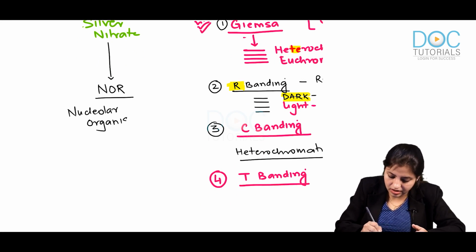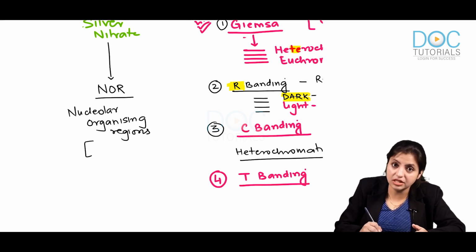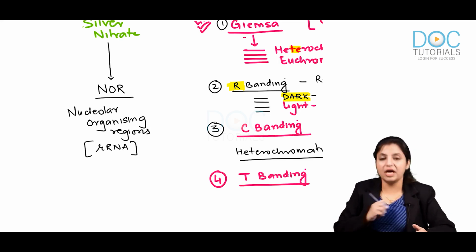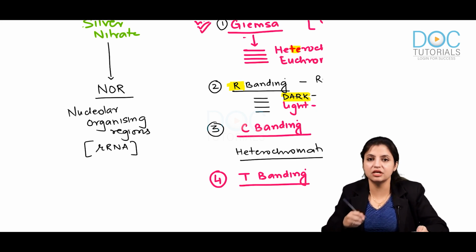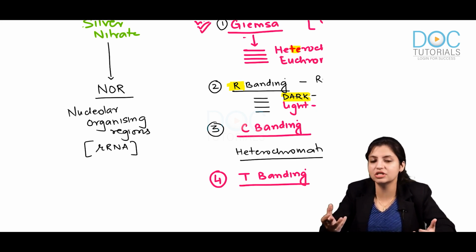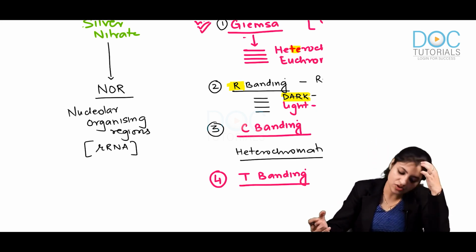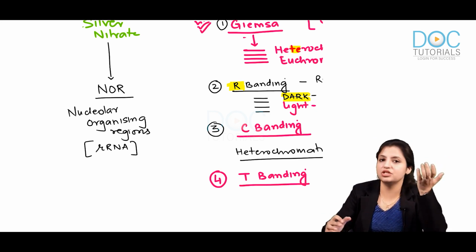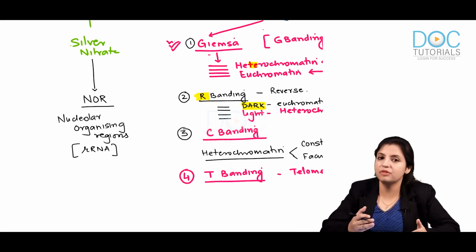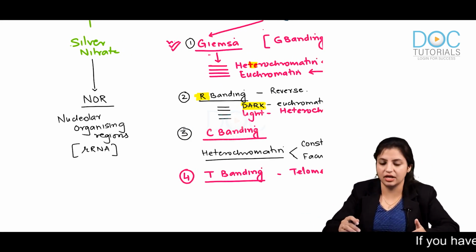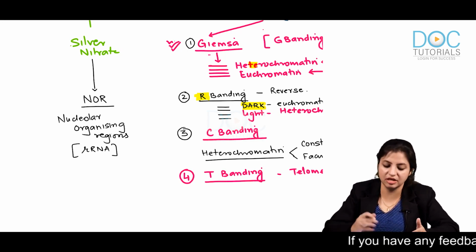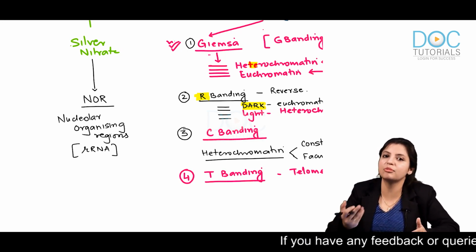These are the areas where rRNAs are maximally present, the nucleoli, RNA rich areas. These nucleolar organizing regions can be identified by a stain called silver nitrate. This can be a question that can be asked: NOR can be highlighted by which stain?